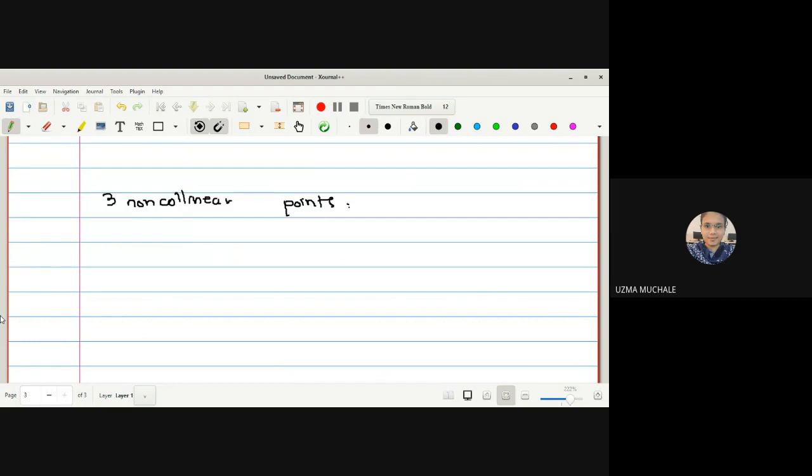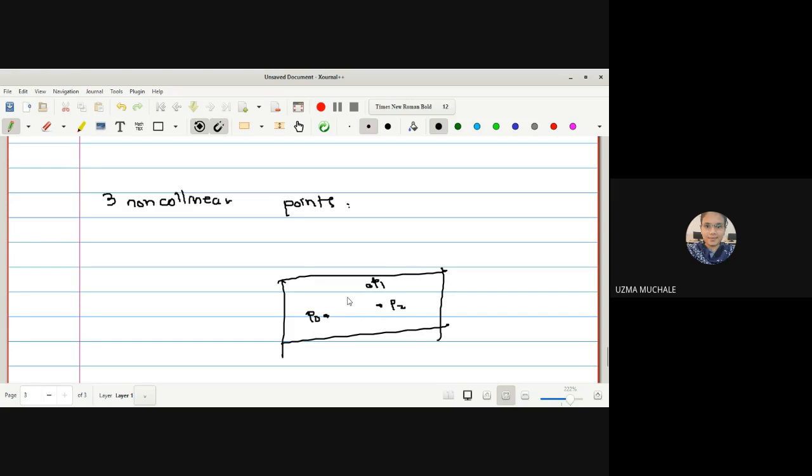What do you mean by three non-collinear points? Suppose this is a plane and these are the three non-collinear points P0, P1, and P2. What do you have to do to find the normal to the plane?